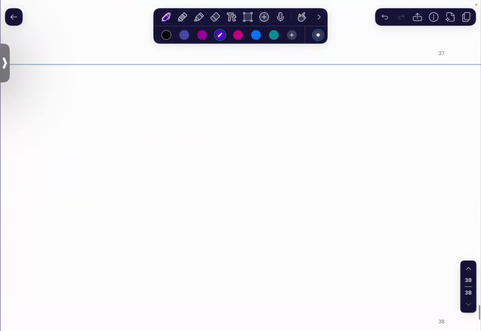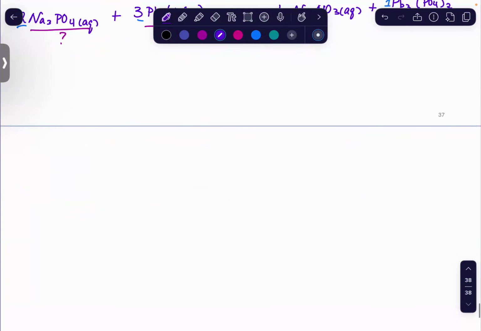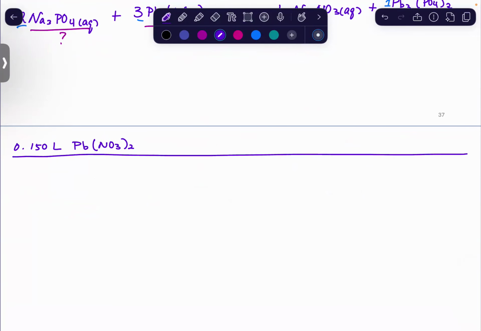Okay, so remember I have 0.150 liters of my lead 2 nitrate. And my lead 2 nitrate is 0.250 molar, so that's moles per liter.